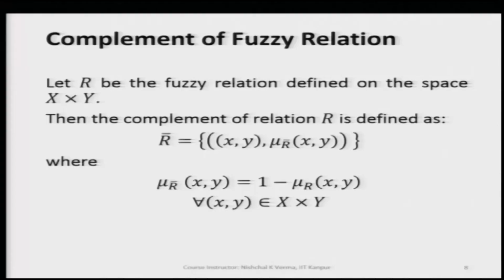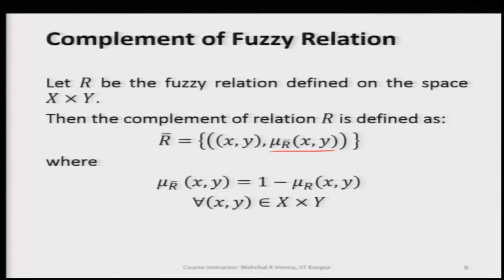Now, let us go to the complement of a fuzzy relation. As I have already mentioned, the difference here is that we include the membership values along with the ordered pair elements. So, here we have mu R bar of x comma y.